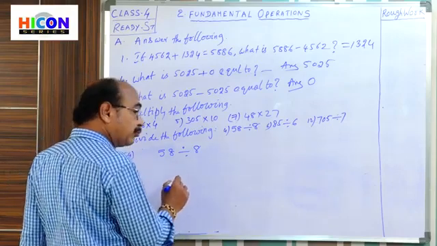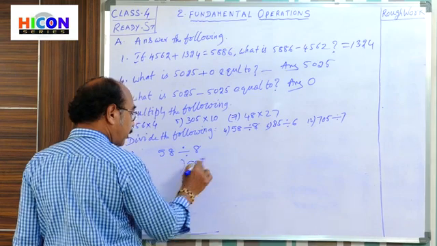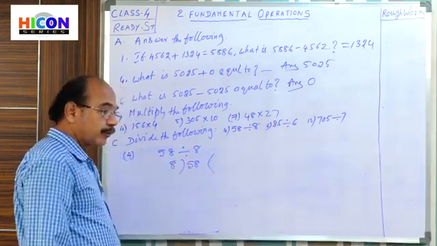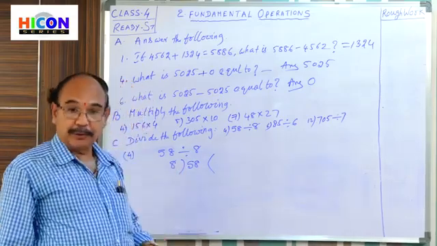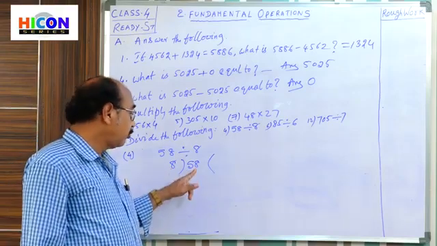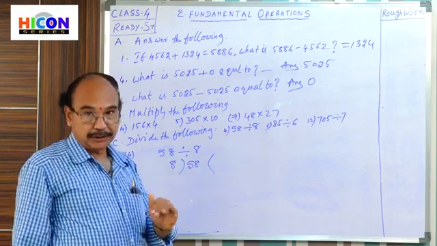So as usual you will write 58 here and you are going to show the division with 8. So read the 8 table, nearer to 58.